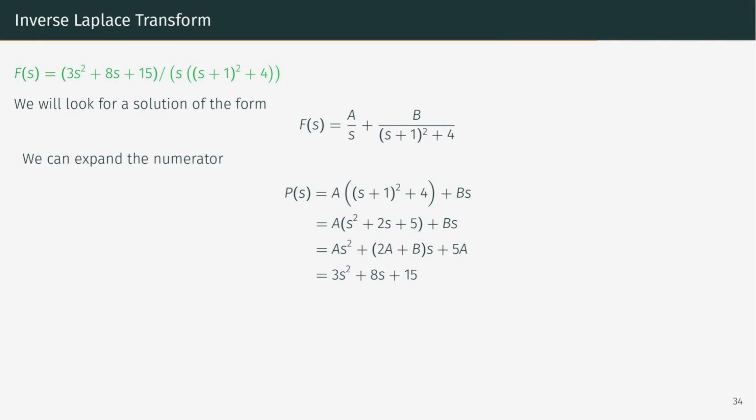We start by expanding the numerator after cross-multiplying to get both fractions over the same denominator. So P(s) equals A times ((s plus 1) squared plus 4) plus B times s. Expanding the first section gives us A times (s squared plus 2s plus 5) plus Bs. Then factoring out an s from the middle gives As squared plus (2A plus B) times s plus 5A.